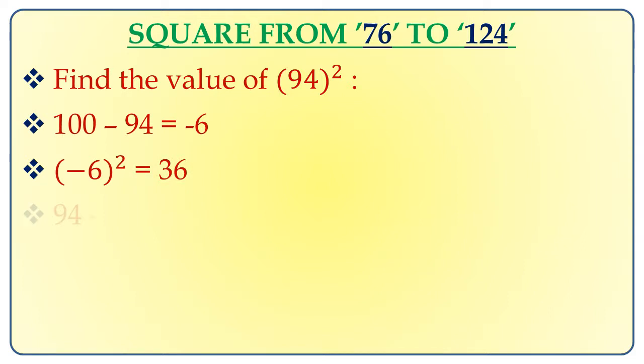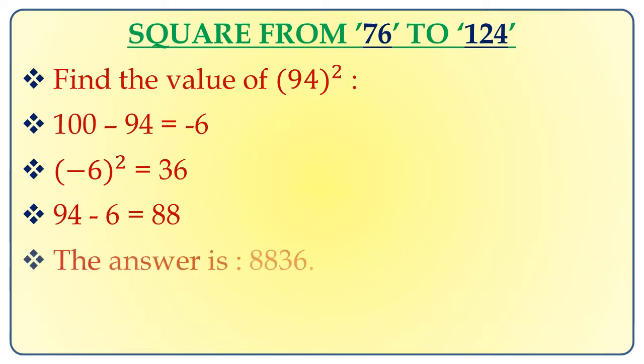Now 94 minus 6. 94 is the original number. Any number lying in this range of 76 to 124, we take the help of the original number, 94 minus 6, because the difference was minus. So it is 88. So the answer is 8836.